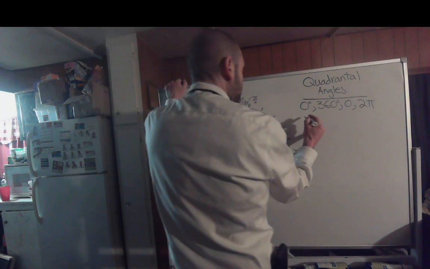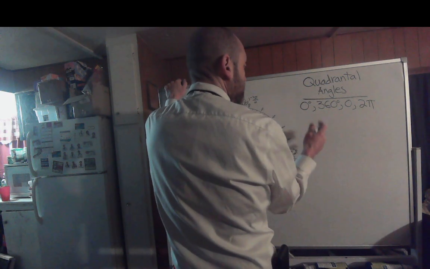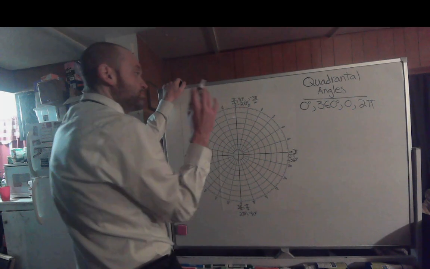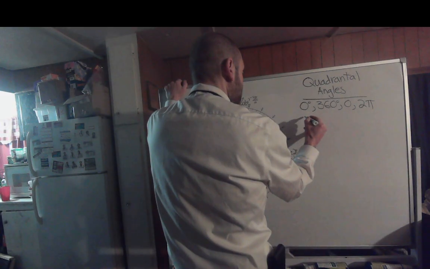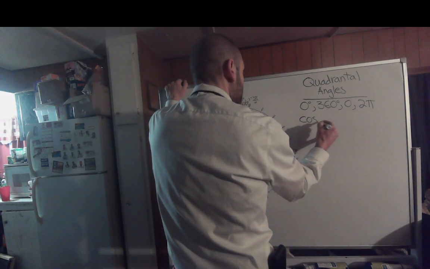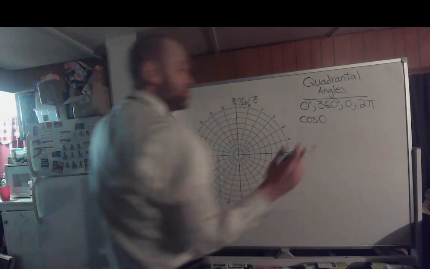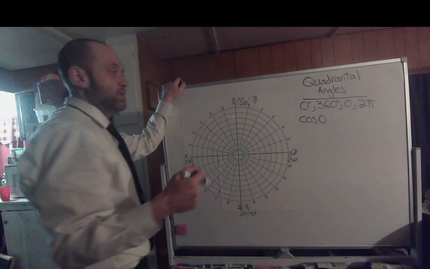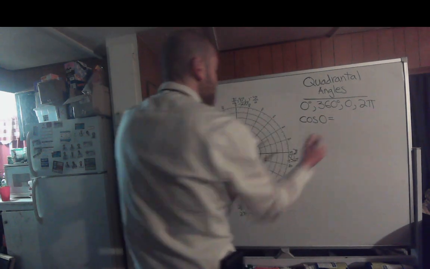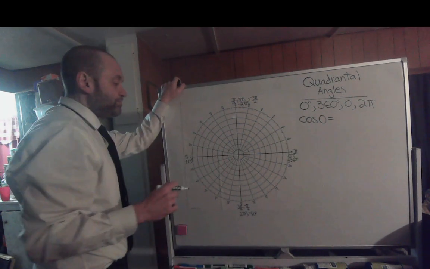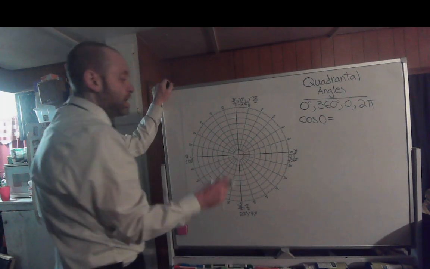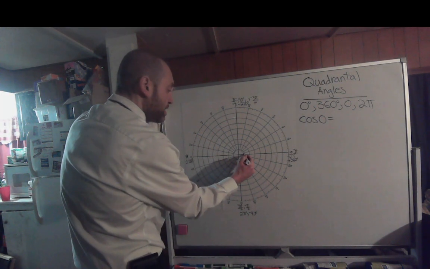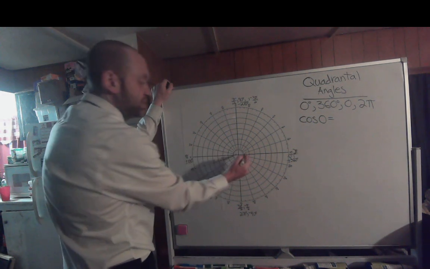We're going to find the 6 trigonometric functions for this angle here. So let's take the cosine of 0. I'm going to do this in radians because I really want us to get used to radian notation, okay? In general, at 0, your x coordinate is going to be 1, and your y coordinate will be 0.